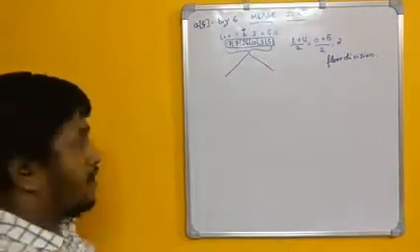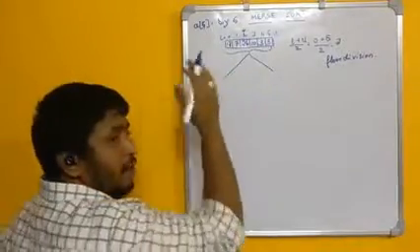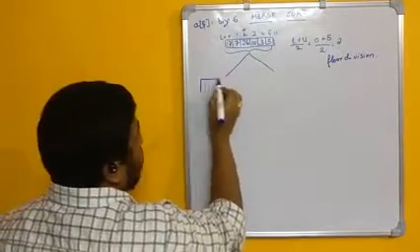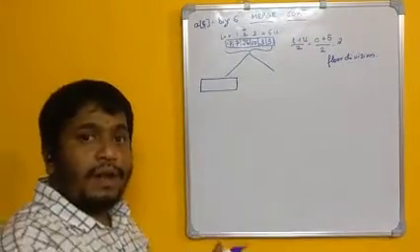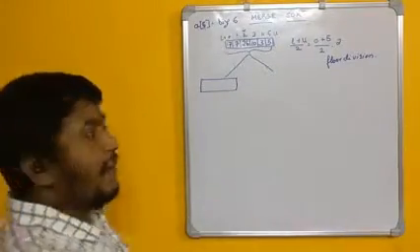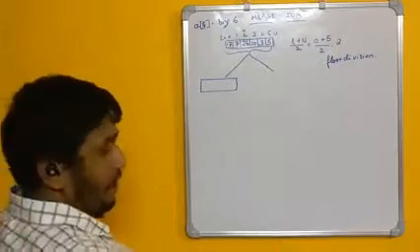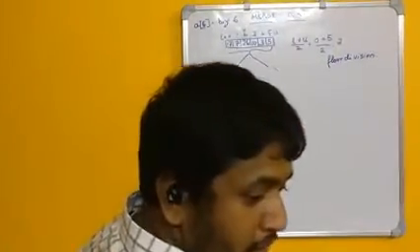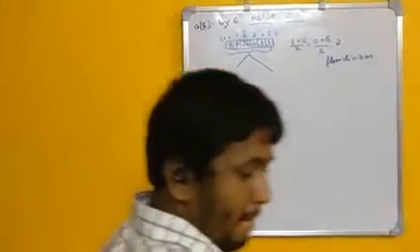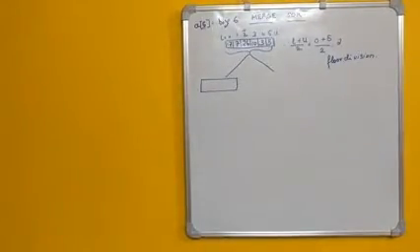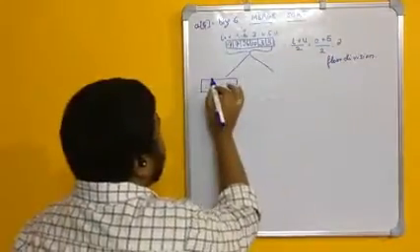This array will be divided into two: from the lower bound to the midpoint is one array, and from mid plus 1 to the upper bound is the other array.